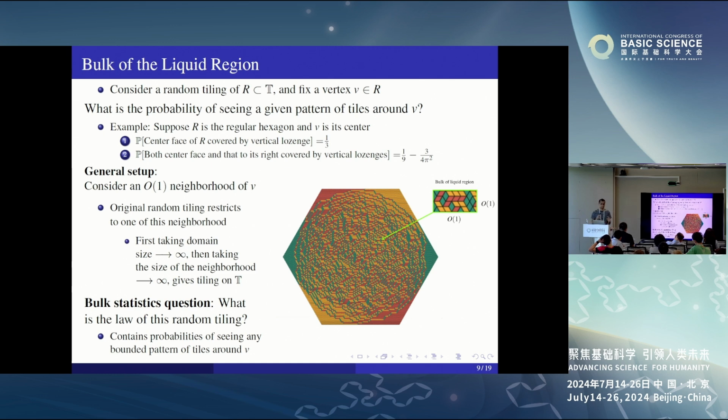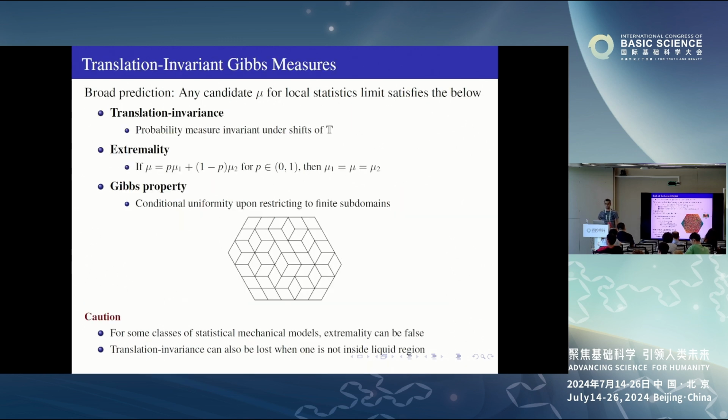As I mentioned, it's an inverse limit of this problem. So the bulk statistics question is: what is the law of this random tiling of the neighborhood as I make it very large? This answers a much more general question than the earlier one. It tells me the probability of seeing any bounded pattern of tiles around my vertex V.